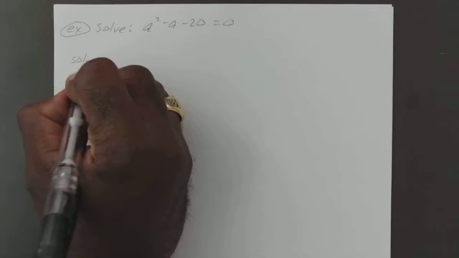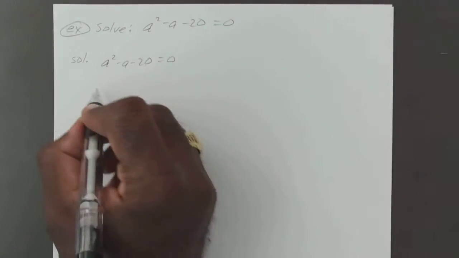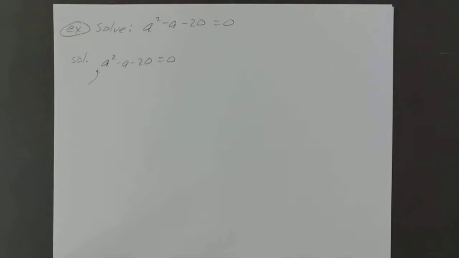Okay, now for this one, first thing you want to notice is there's no number in front of the a squared, or the lead coefficient, well, other than 1. But if it's a number, anything other than 1, then you have to use the a times c method, which we're going to do that too.